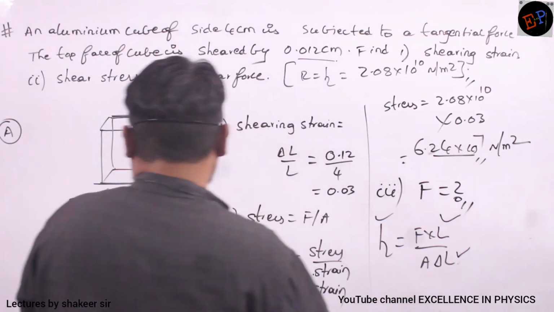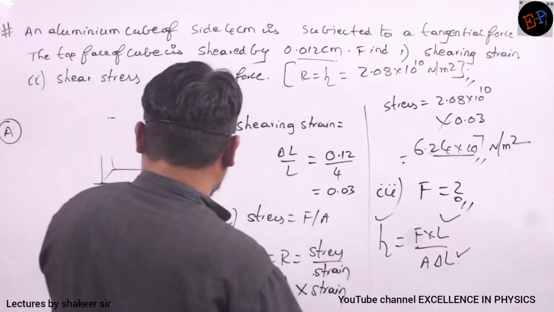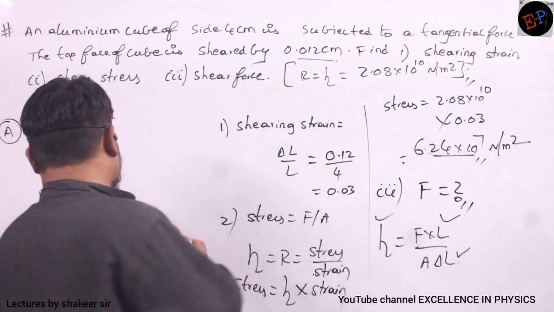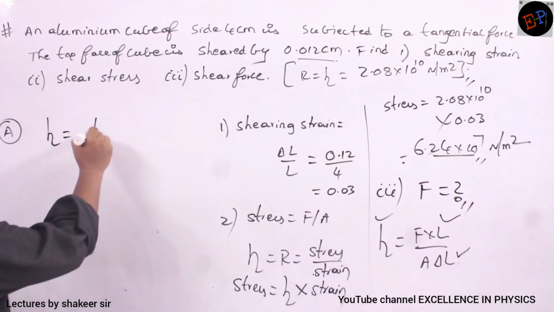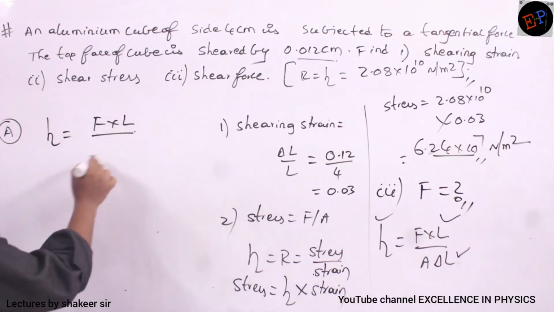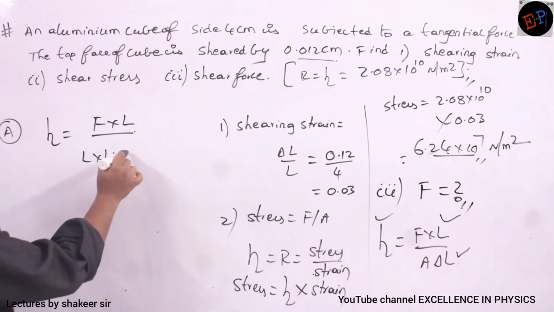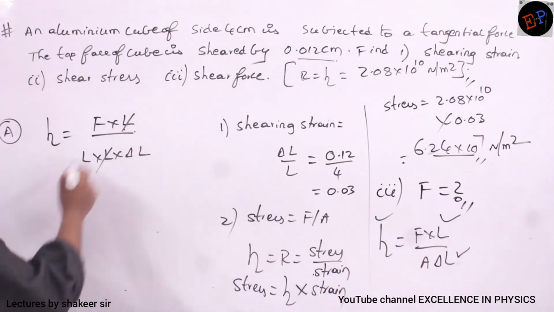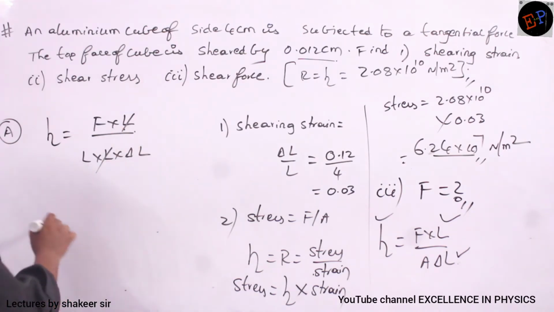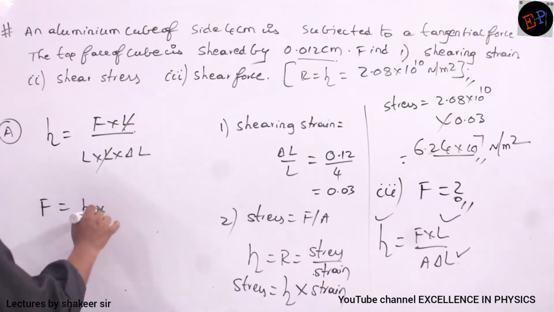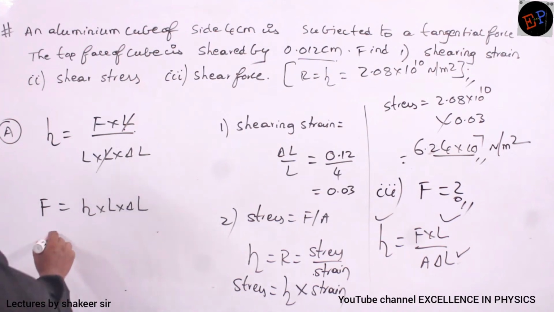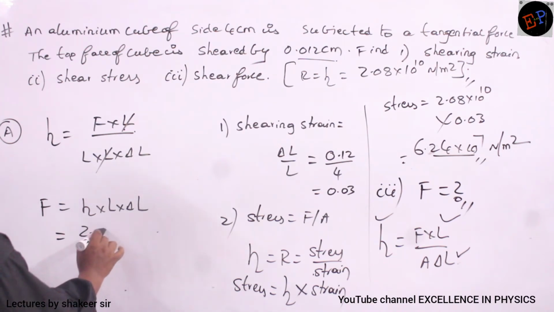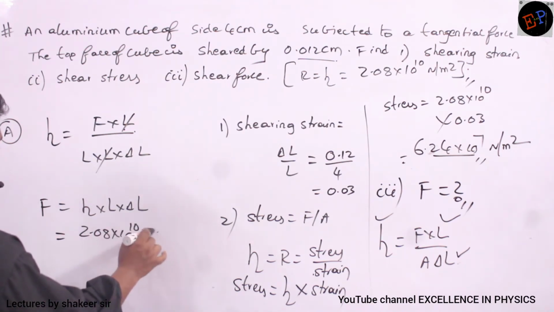So definitely you can do this calculation. So therefore, here instead of A, what can I write? Eta is equal to F into L divided by, instead of A, I can write L into L now, multiplied by delta L. One L and another L get cancelled. So actually I am now calculating force. So F is eta into L into delta L. That's it. Eta value is 2.08 into 10 power 10.